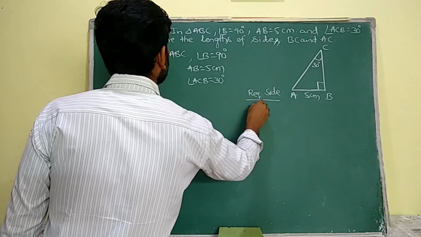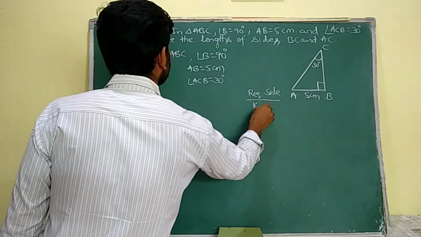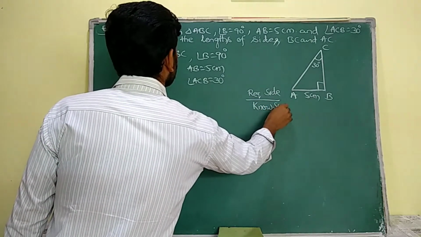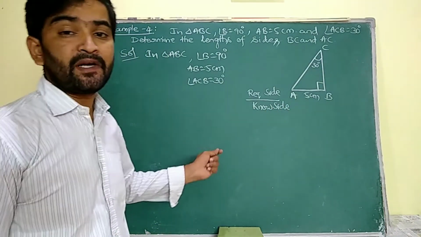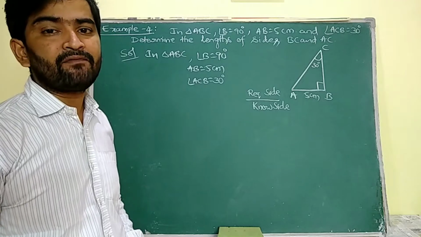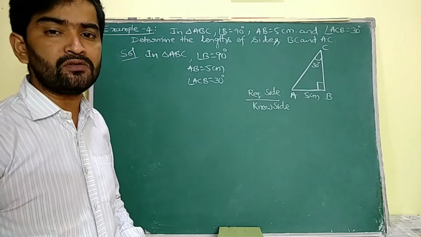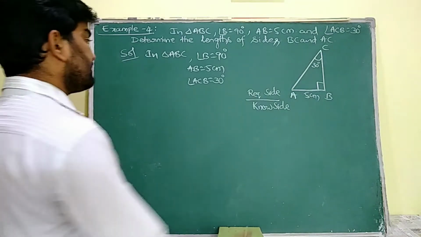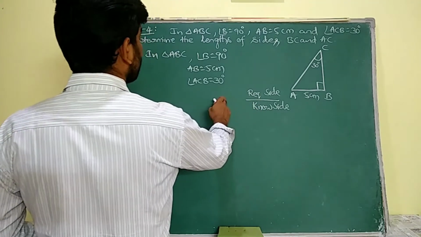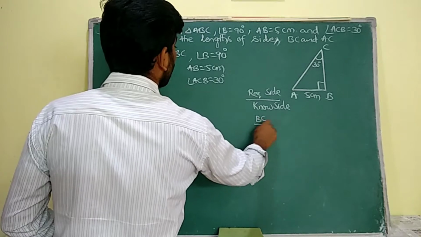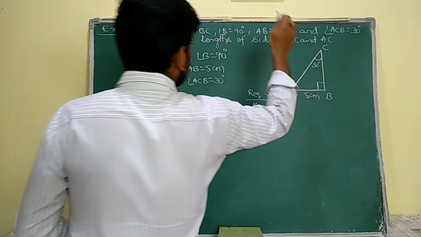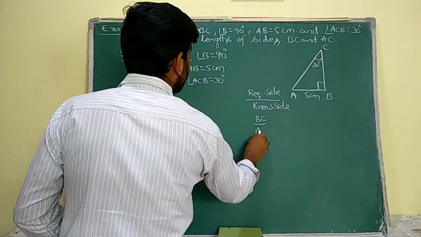by known side. Required side by known side with respect to the given angle. Then we have to check which trigonometric ratio it forms. See, required side by known side with respect to that angle. Here let us suppose the required side is BC, and the known side is AB.